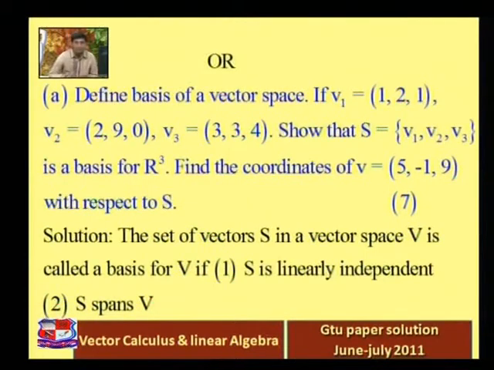Now if you want to prove that S is a basis for R3, you only need to prove either S is linearly independent or S spans R3. So here we only prove one condition, and the second condition is automatically proved using this theorem, and that's why the given set is a basis for R3. That is what we are trying to do here. Okay, so let's check.